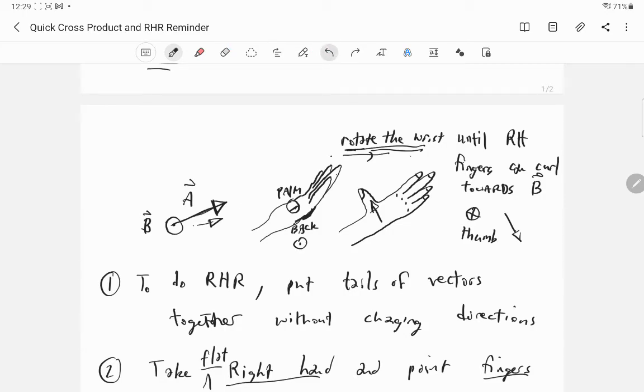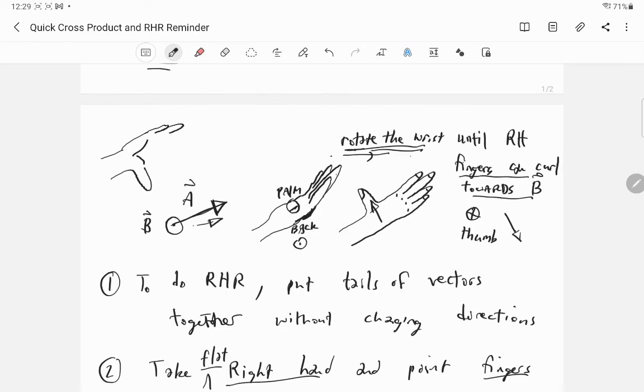Actually, the fingers will be able to curl towards B only if, can you see it's got to be this way? So the right hand, if the thumb points this way, and what we're looking at is the palm of the hand.